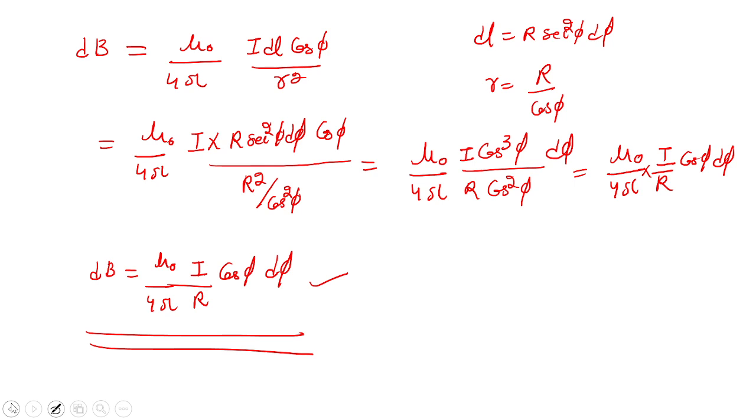Now, I told you what our consideration is. Let me first write the magnetic field that we are going to experience at point P because of that small current element. So this is μ₀/4π, I over r cos φ dφ.